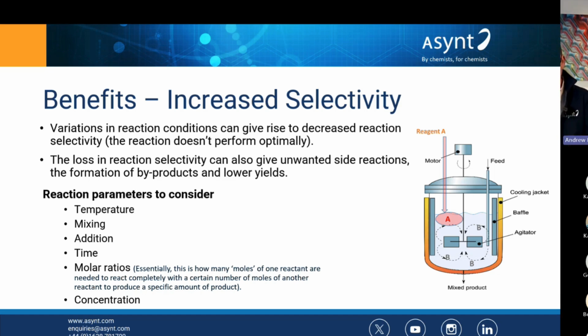So unwanted side reactions, formation of byproducts and lower yields gives rise to increased workup and isolation. So all of these things need to be taken into consideration. So those parameters that we spoke about earlier, temperature, mixing, addition, reaction time, molar ratios and concentrations all play a part, and we can control those in a little bit more detail.